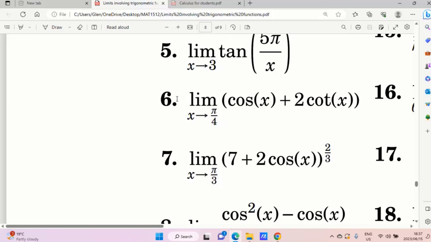Suppose you, so? I got the cube root of 49.